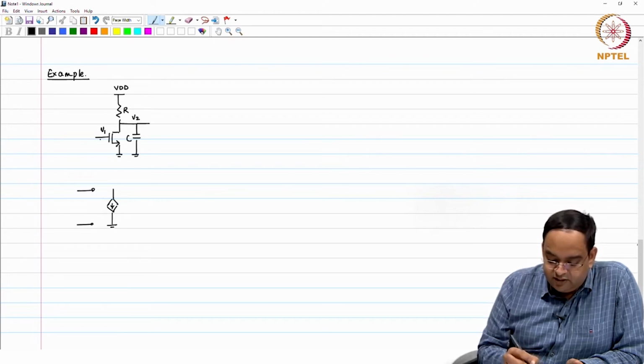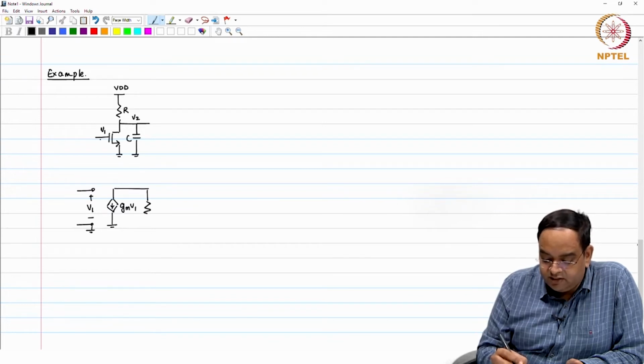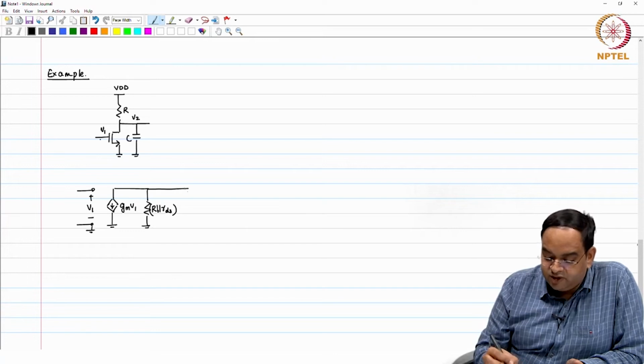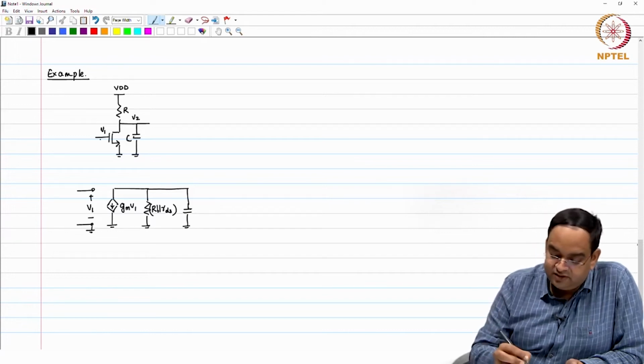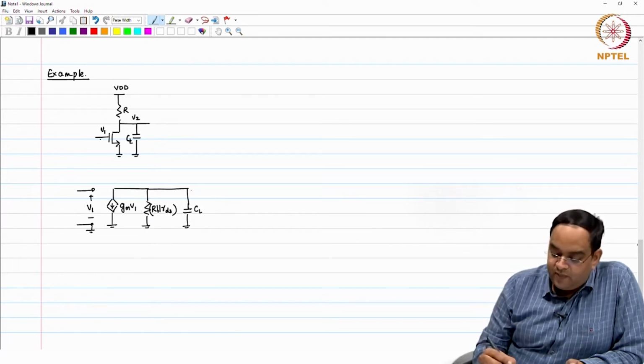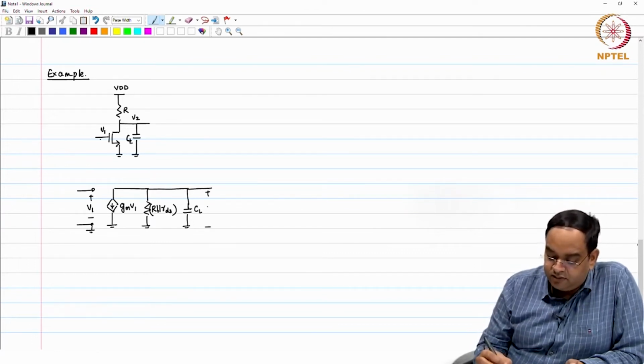I can say this is V1, this is gm times V1, and you have resistor R in parallel with the rds of the transistor, and whatever capacitor we have, I am going to have at the output. Assume that that capacitor is effectively CL. So this is the model.